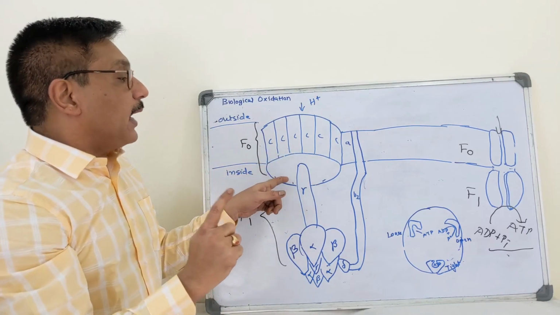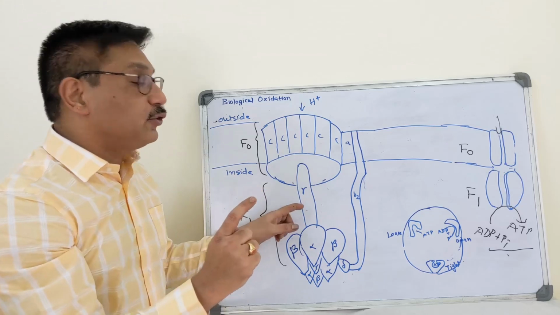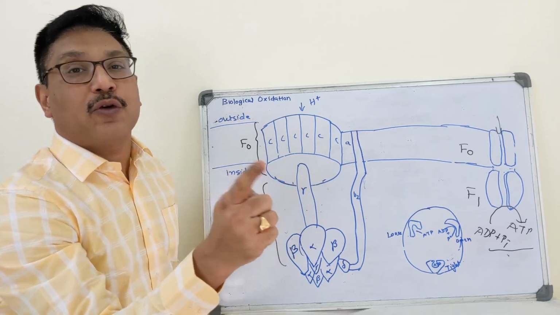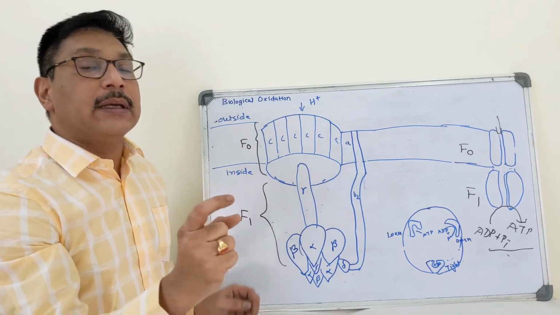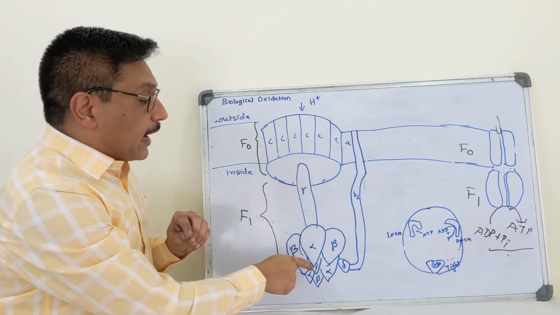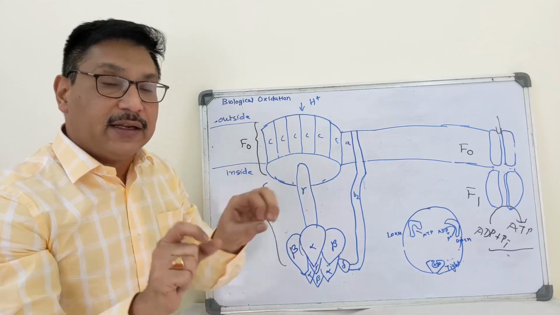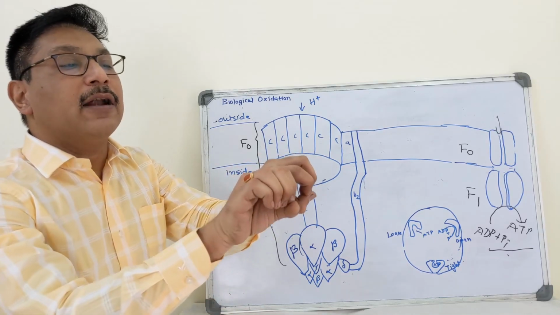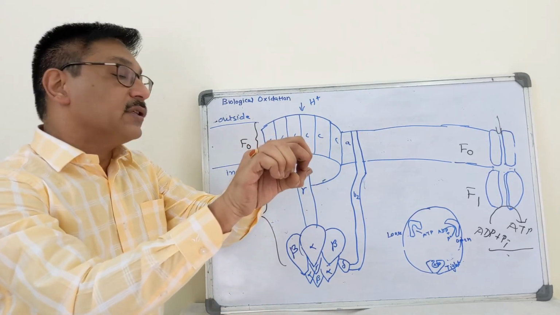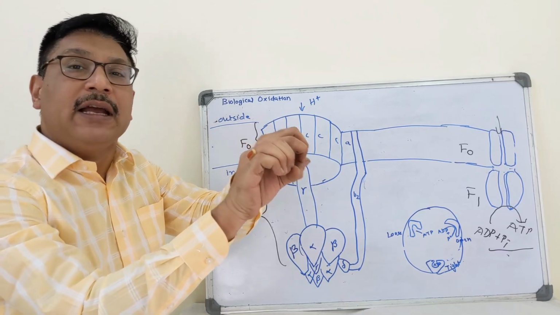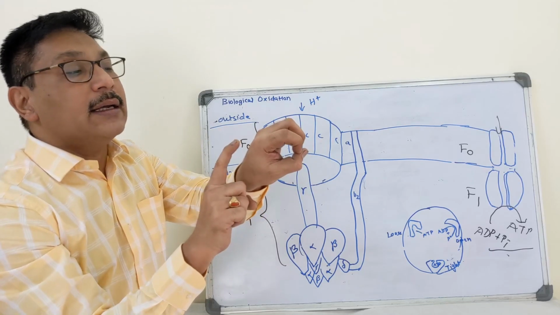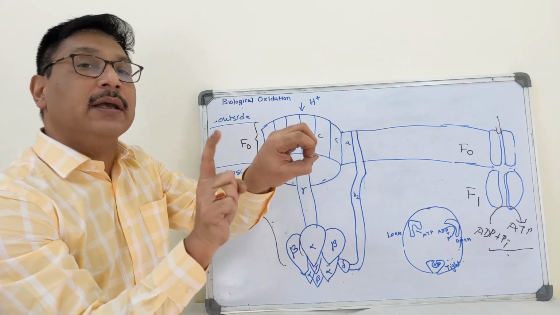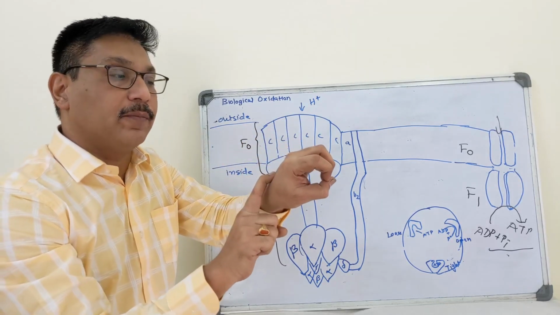As the gamma subunit is attached to the rotating C proteins, the gamma subunit also rotates, like a bent axle. The gamma subunit fits inside the 3 alpha and 3 beta subunits, which are very tightly packed, and the gamma axle now moves inside as a bent axle.